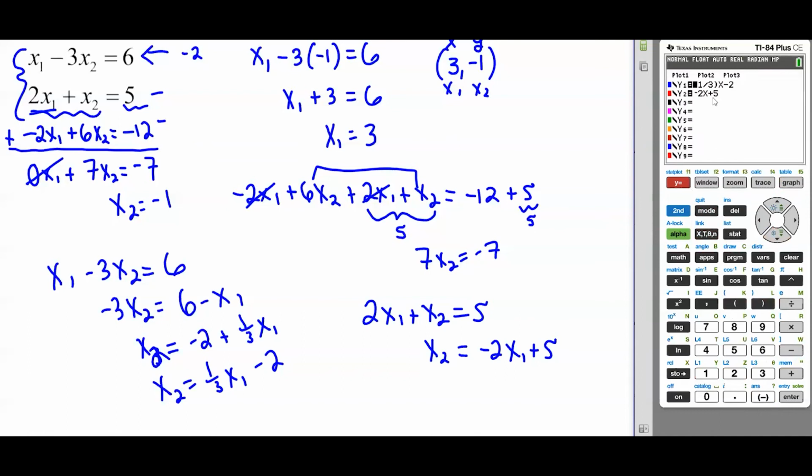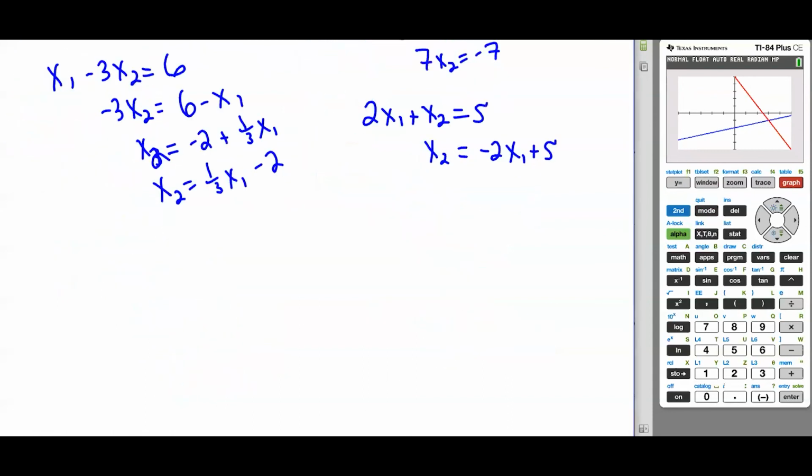Looks like the blue line is the first equation and the red line is the second one. So you can see here at this point, 3, negative 1 is where those lines intersect. So this is a solution to both equations, right? It's the ordered pair that you plug in for x and y, and it works for both equations. So that is when you're going to get one solution.